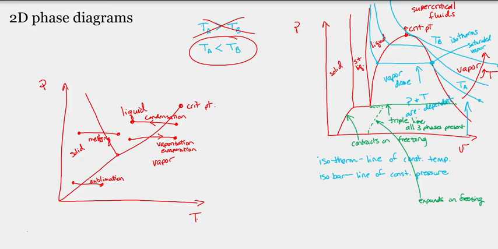Okay, having said that, let's go back to that PV diagram, because we did a bunch of examples where we used PV diagrams, but there weren't any saturation domes or vapor domes on them, and we didn't look at isotherms and isobars and things like that. But they were there. They're implicit.